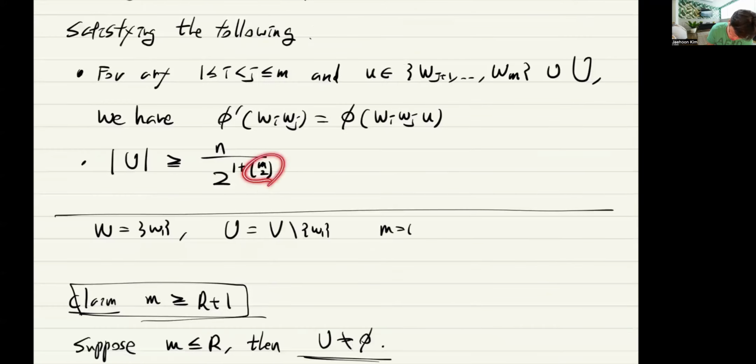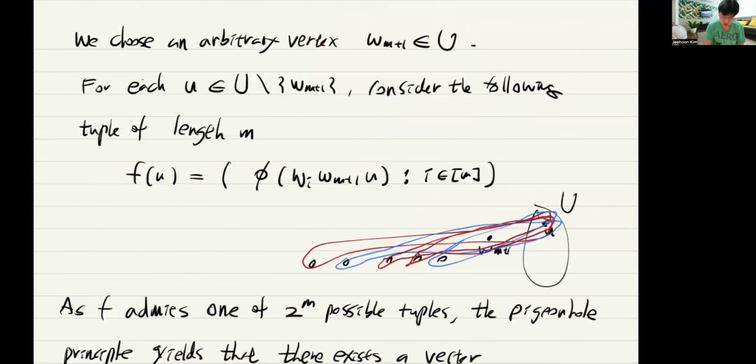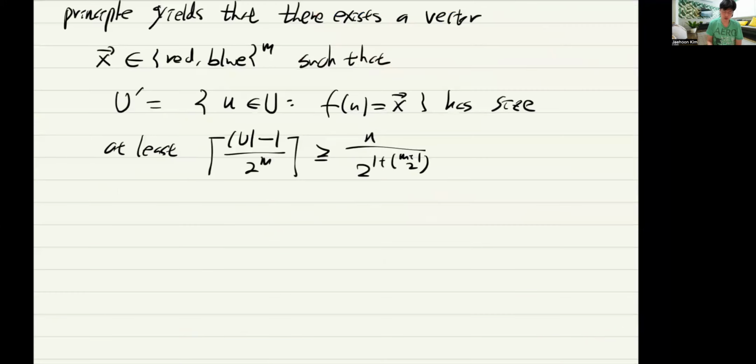Previously this was m choose 2, but now you get the m+1 choose 2 here. So it was designed, we choose it in this form to match it. This is a simple computation.